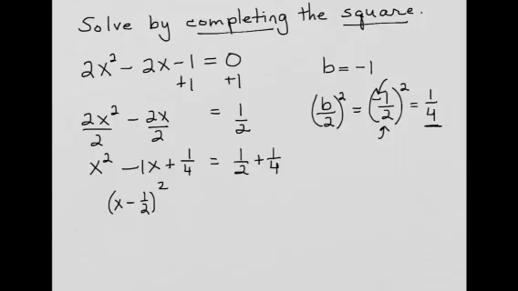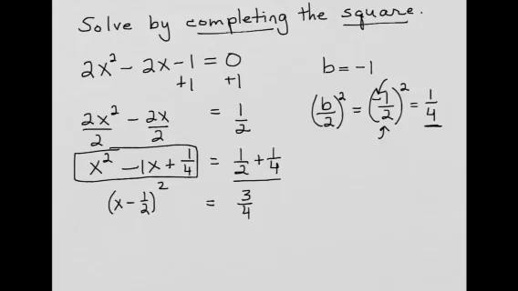So now x minus 1/2 quantity squared, that's equal to what we had in the previous step. And you can double check that by foiling what you have here and seeing that it's equal to what we had in the previous step. Equals. Now I want to take the 1/2 plus the 1/4 and add those together, and I get 3/4.